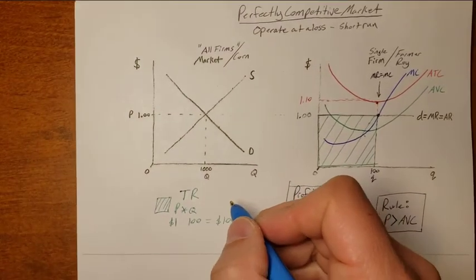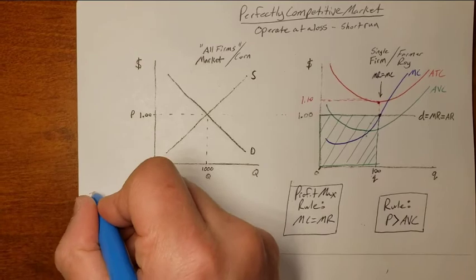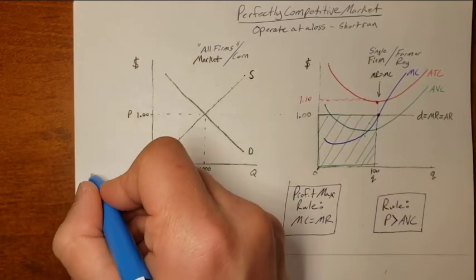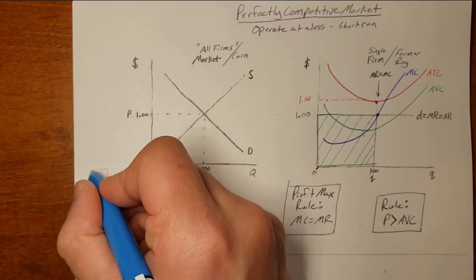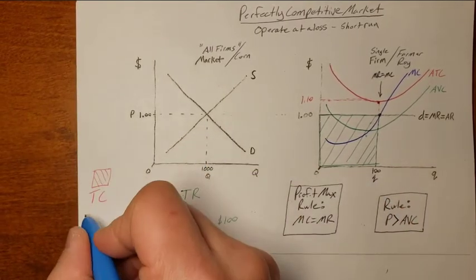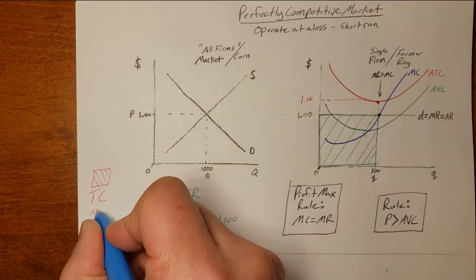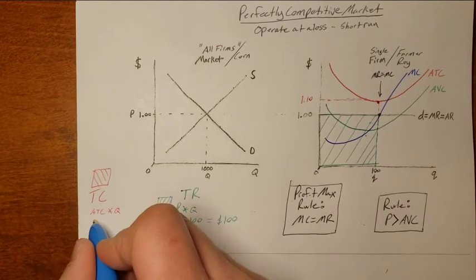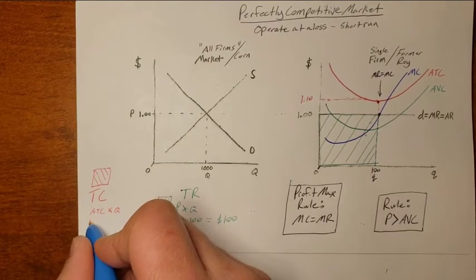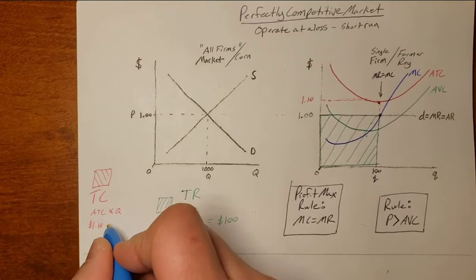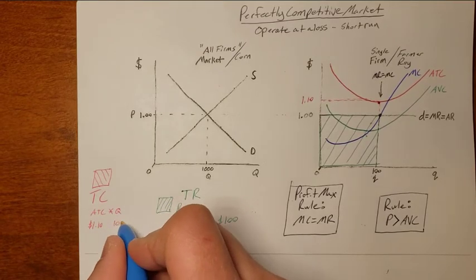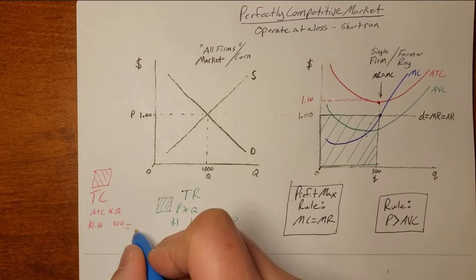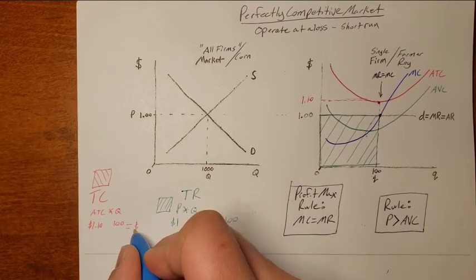The total cost, which is also going to be in red, is the average total cost times the quantity. And since the average total cost is $1.10 and the quantity is 100, we're going to have a total cost of $110.